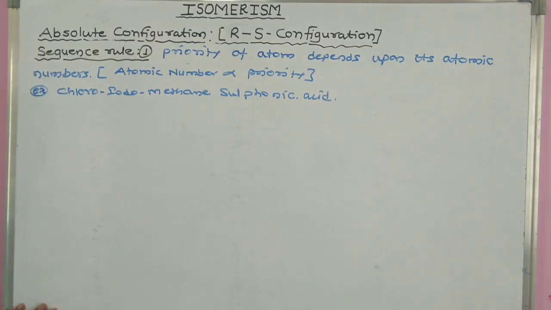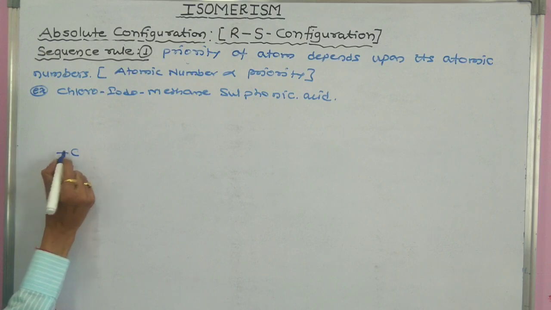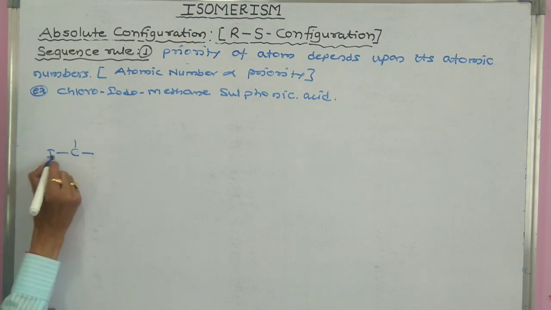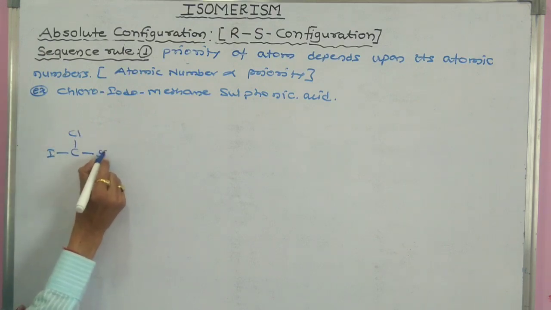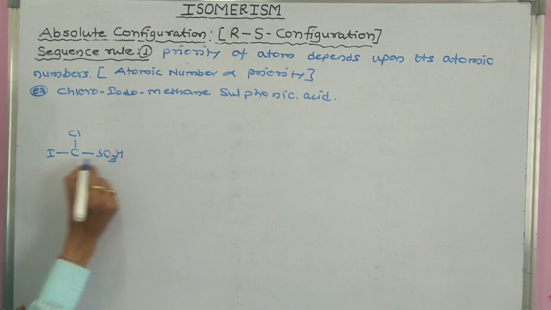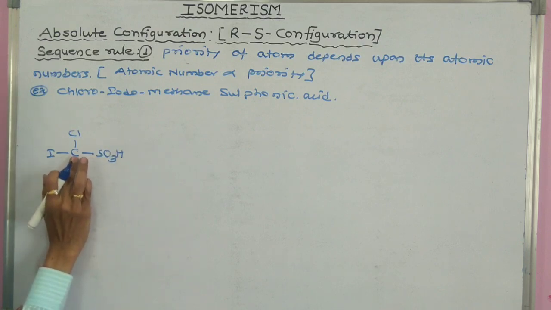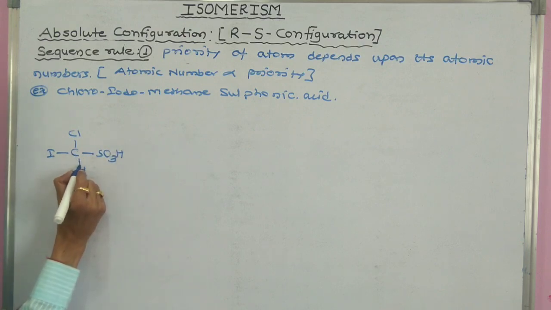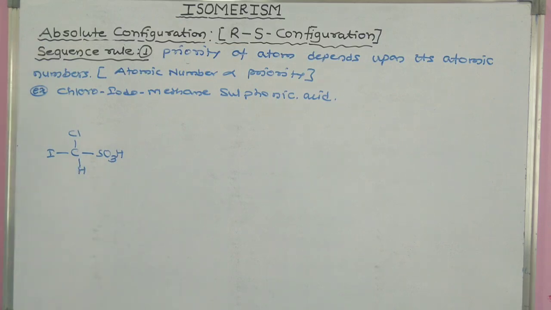This methane has one carbon, one chlorine atom, one iodine atom. Sulfonic acid is the SO3H group, and this is the H. The remaining valence of carbon is satisfied by H. This is chloroiodomethane sulfonic acid.